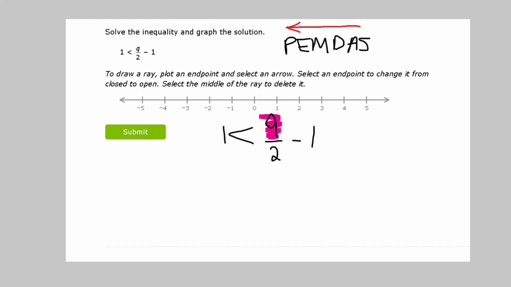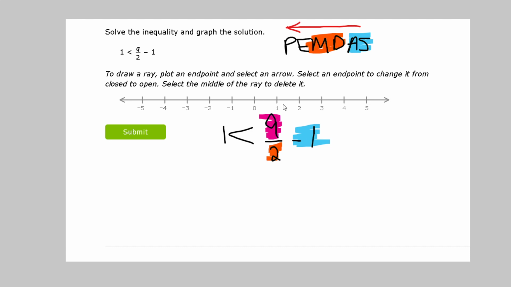So we need to do addition and subtraction first. Well, we're subtracting 1, but we're dividing by 2 over here, so addition subtraction comes first, and then we'll divide by the 2. Okay, so this comes second.